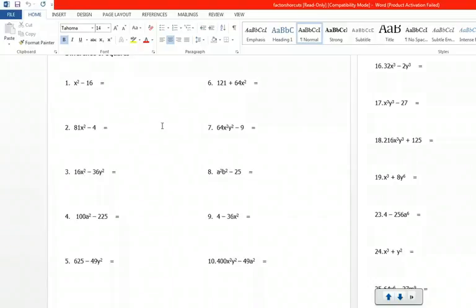Number 4, 10a plus 15, 10a minus 15. 6, 11 plus 8x, 11 minus 8x. 8, ab plus 5, ab minus 5. And 10 is 20xy plus 7a, 20xy minus 7a.